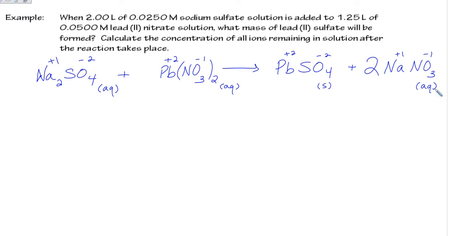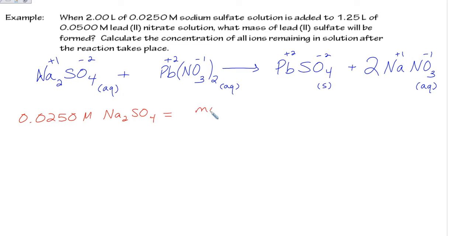Let's see what we got here. We have two solutions, and we want to know between the two solutions, do I have a limiting reactant? If so, I'm going to use that limiting reactant to figure out the amount of product formed. So let's turn these solutions into moles. So here's the solution part of the stoichiometry. We've got 0.25 molar sodium sulfate.